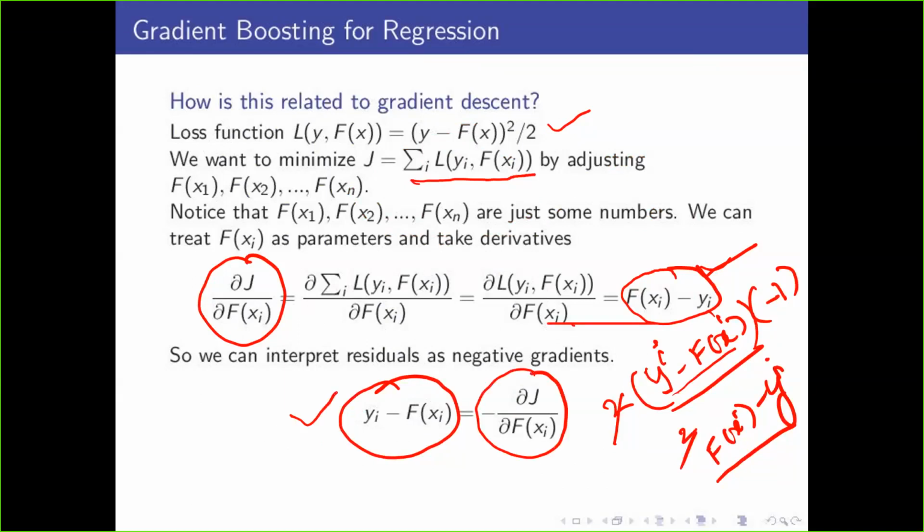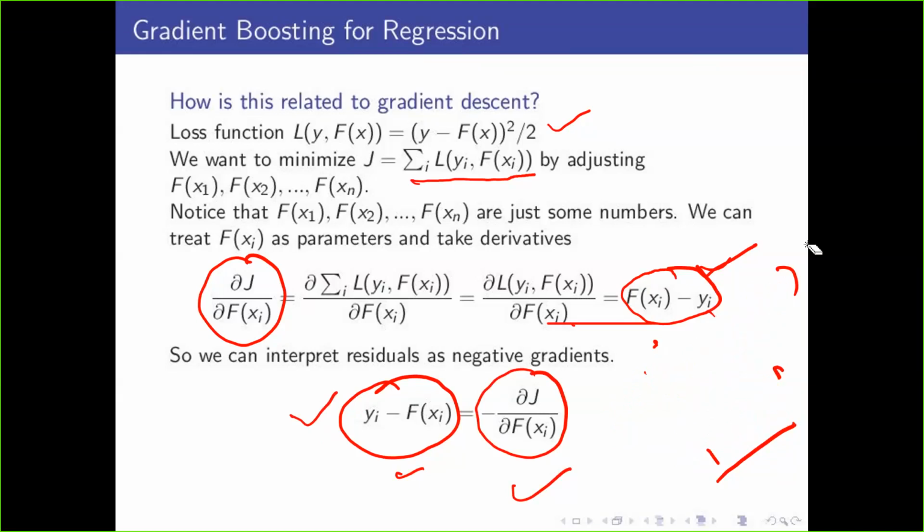Clear? Are you agreed for this? Residual is equivalent to the negative gradient. Do you agree for that? Yes, sir. Residual is equivalent to the negative gradient. It means fitting a regression model to the residual is equivalent to fitting a regression model to the negative gradient.